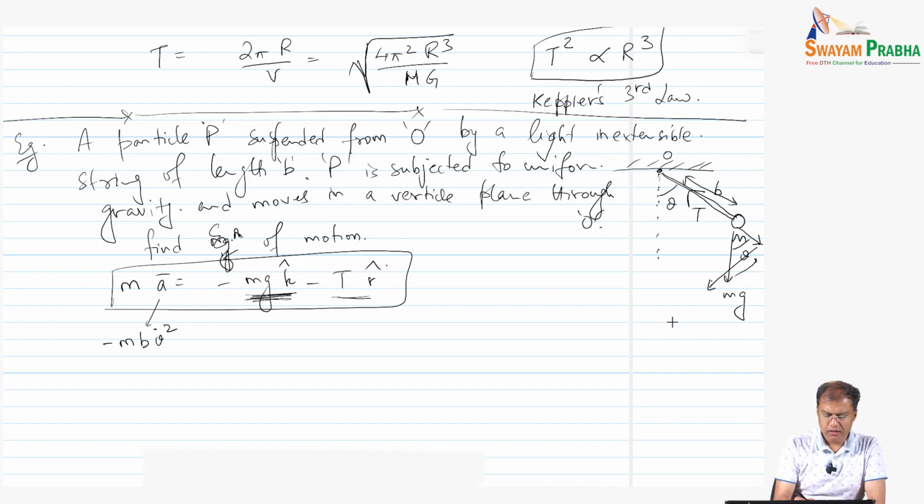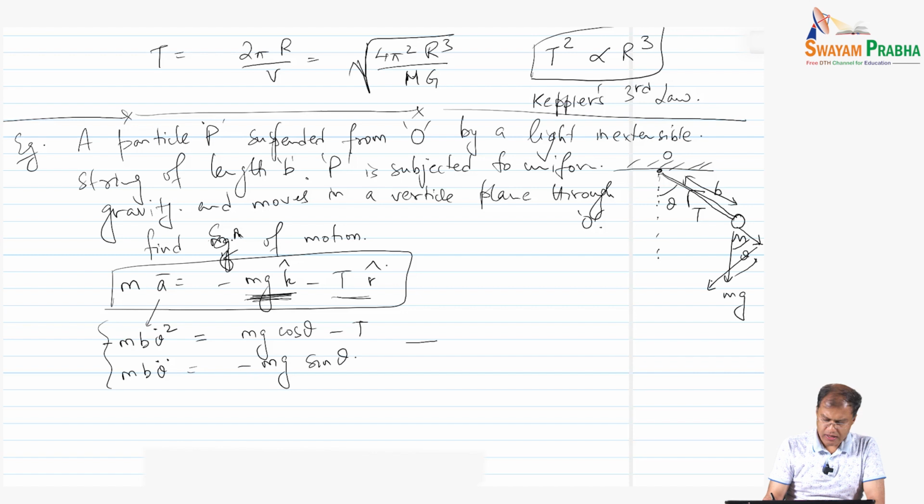So the radial component gives us that the net force is mg cos theta along the positive direction, minus T along the inward or attractive direction. And then the other equation is m b theta double dot equals minus mg sin theta.